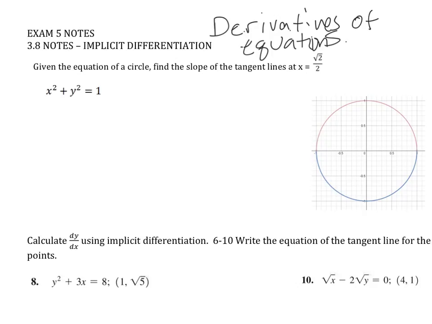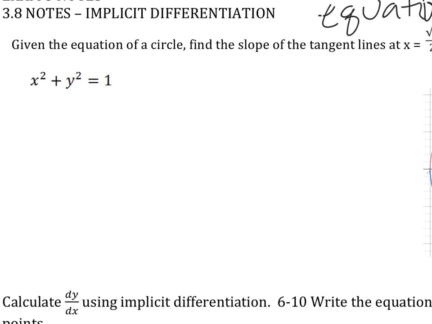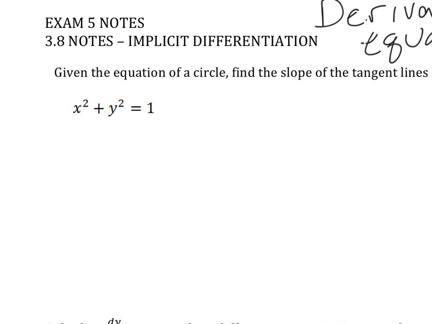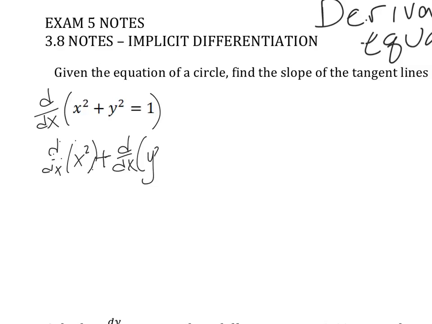What I want to do is, first of all, take my derivative with respect to x. So the first thing I'm going to do is zoom in on this. Let's take our derivative with respect to x, and as a result, I get d dx of x squared plus d dx of y squared, and then the derivative with respect to x of 1.